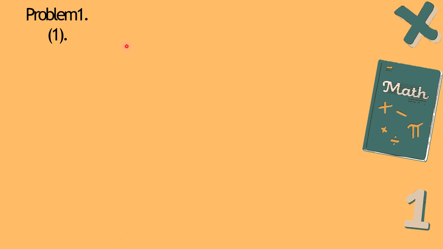Problem 1, question 1. We are asked to simplify the square root of 5 minus 2 the square root of 6, minus 1 over the square root of 2 plus the square root of 3.